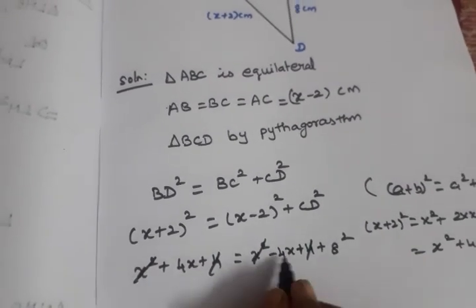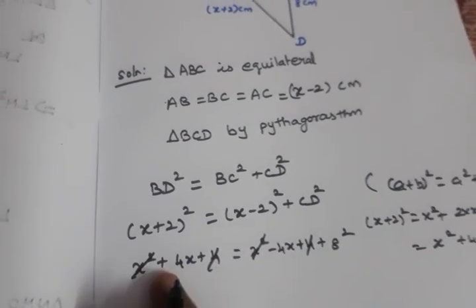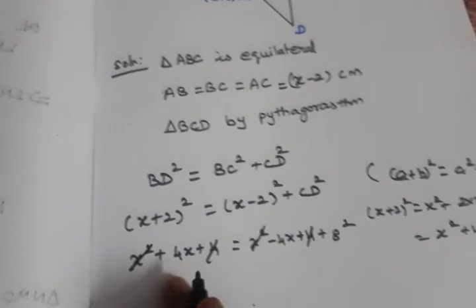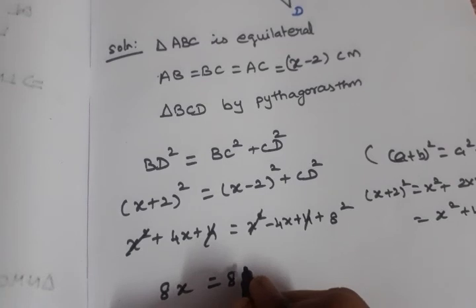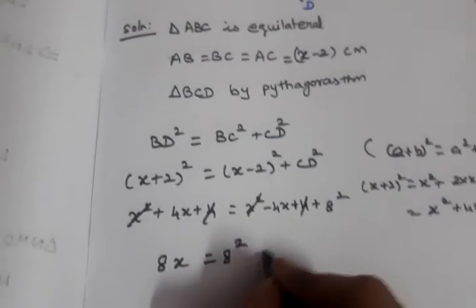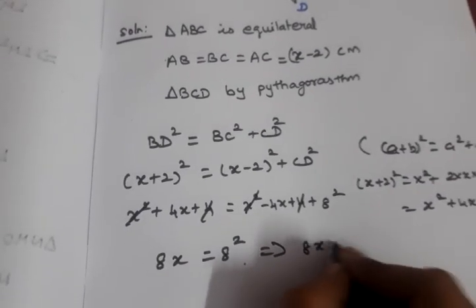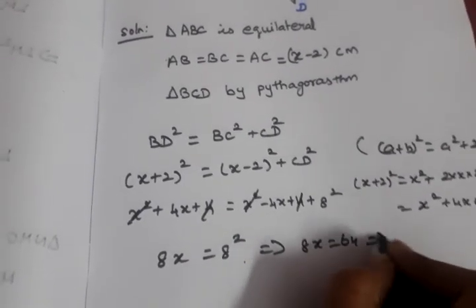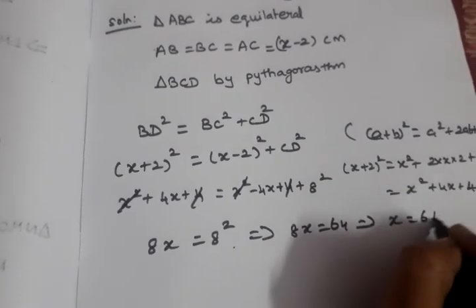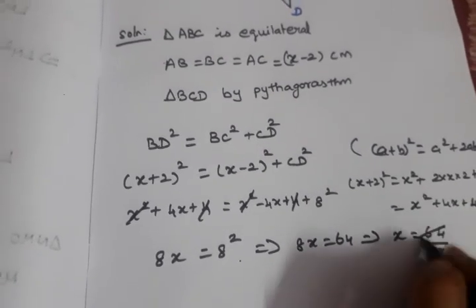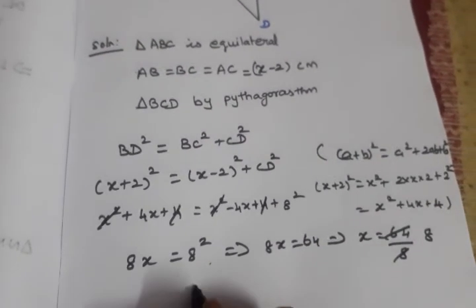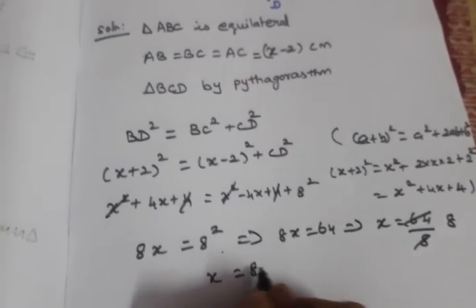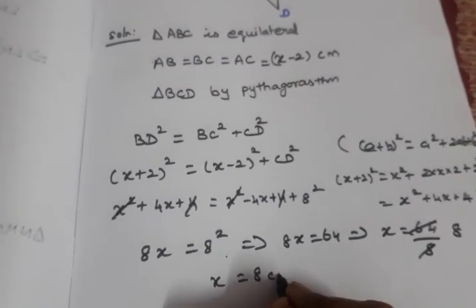Plus 4x and minus 4x are added, so 8x equal to 8 square. Then next, 8x equal to 64, x equal to 64 divided by 8. So 8 8s are 64. x equal to 8 centimeter.